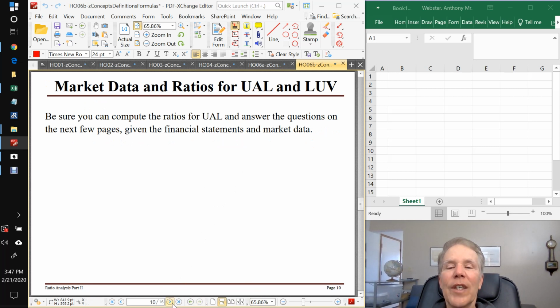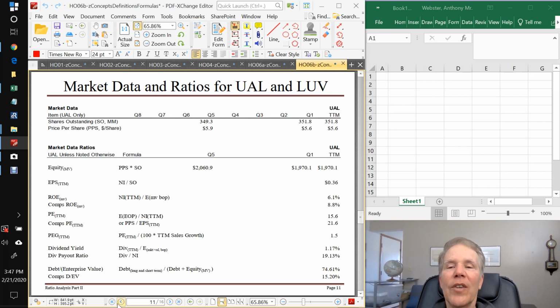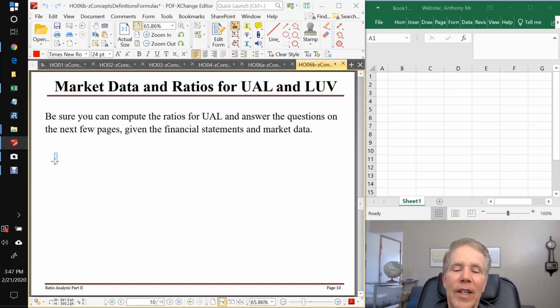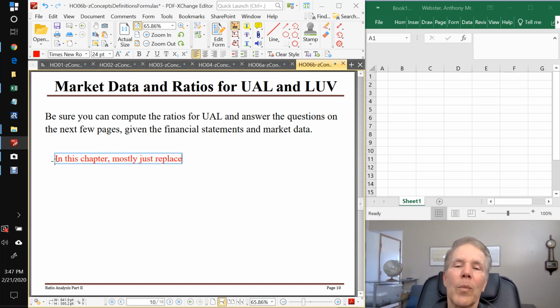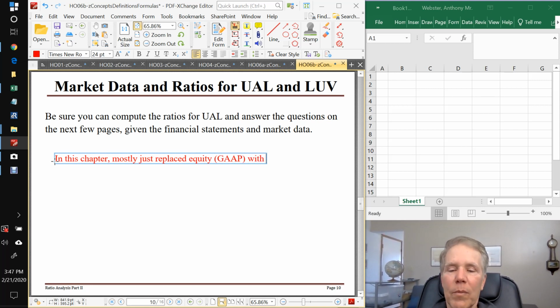Because really what we want to do in this chapter is mostly just replace equity GAAP with Mr. Market's view of the equity.